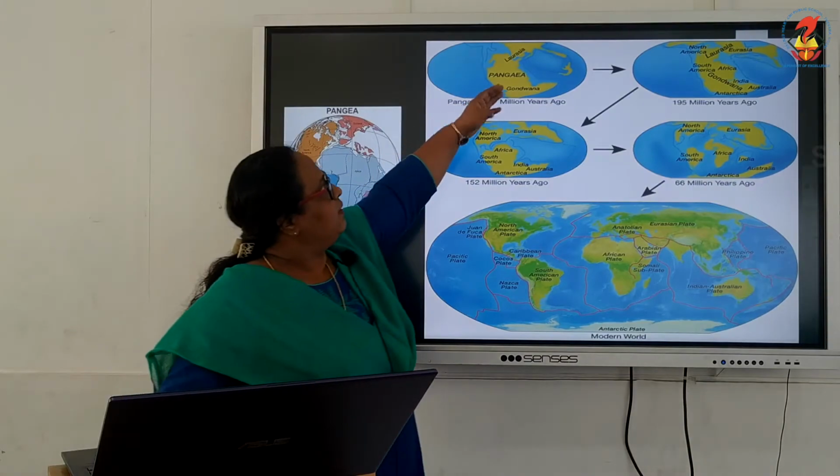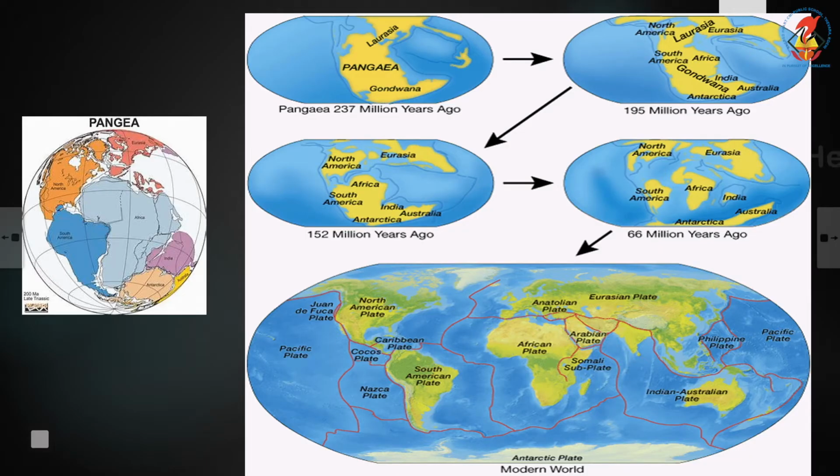Later, because of the movements within these plates, it was divided into two, that is Laurasia and Gondwana. After that you can see the next movement. Some of the other continents started to drift from each other. Then after 152 million years ago, again you can see the changes within the different continents.